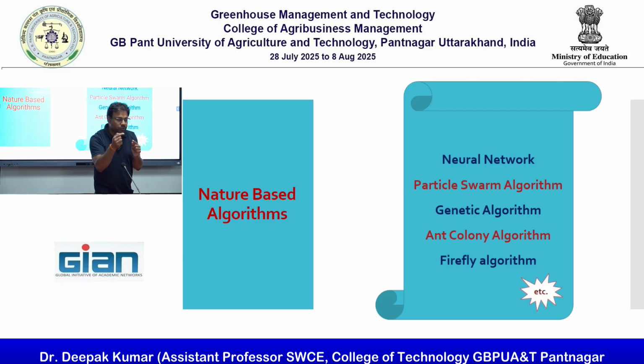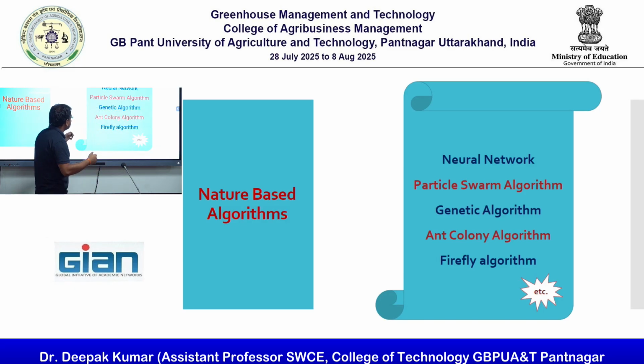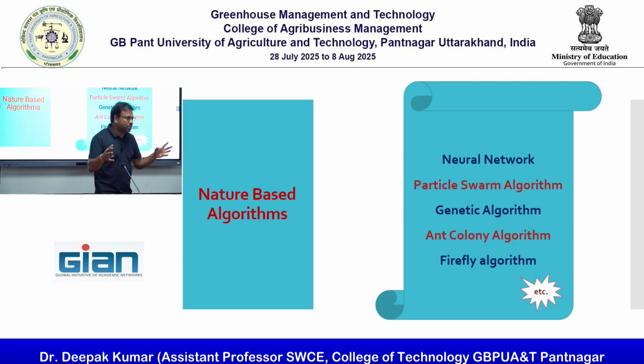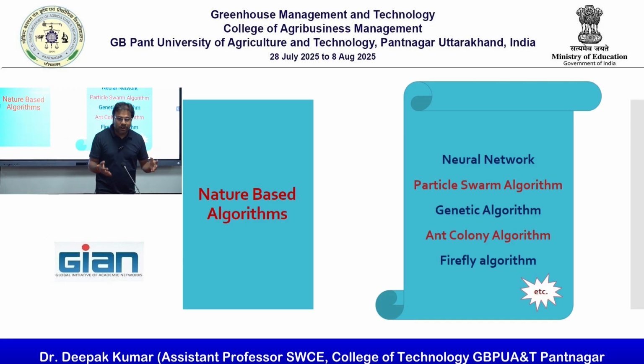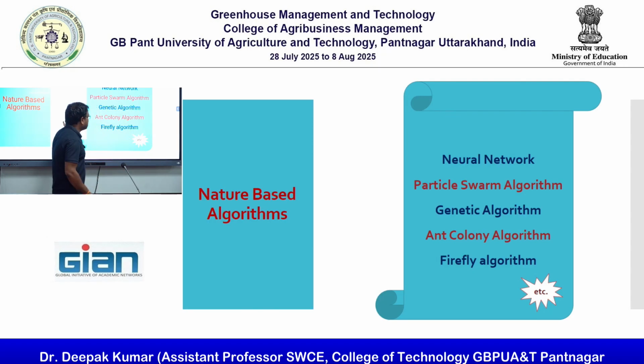In this way, if somebody touches our fingertip, the information goes to the brain. Many neurons are connected in our nerves. From there, scientists got the idea that it can be used in classification and regression problems. So it came as the neural network. We call it the artificial neural network, ANN, a very famous algorithm. So it is basically inspired by nature.